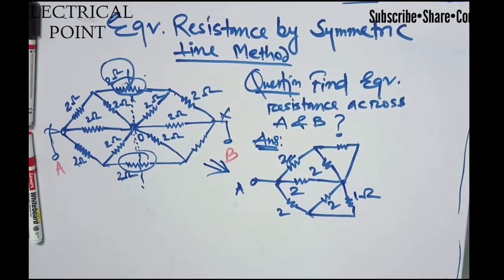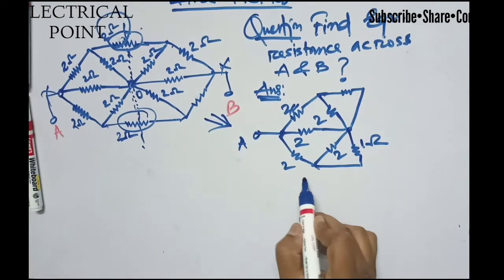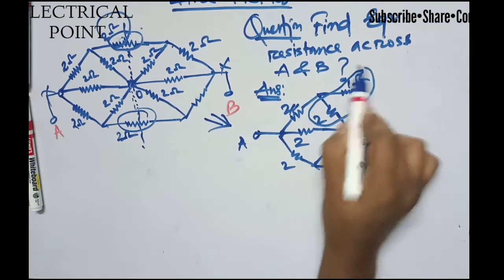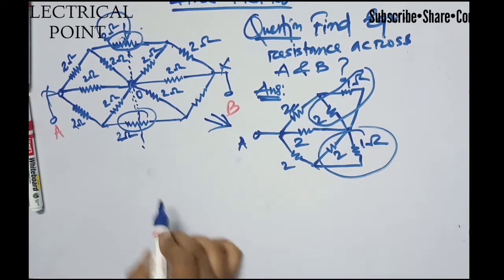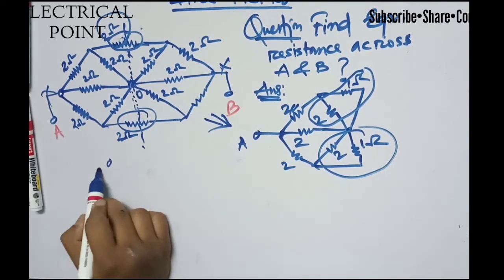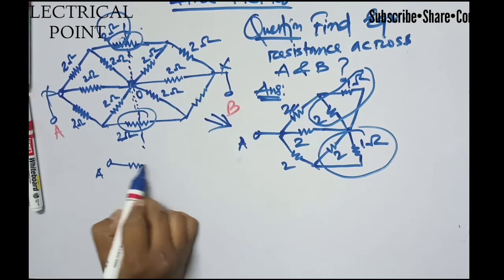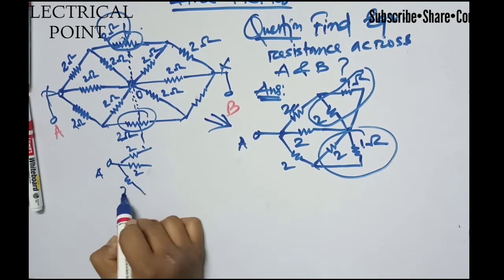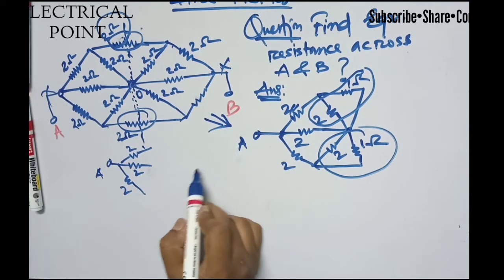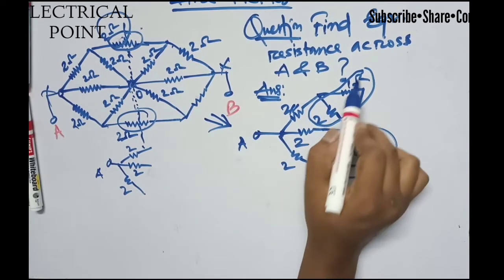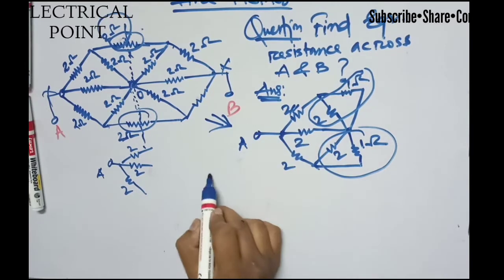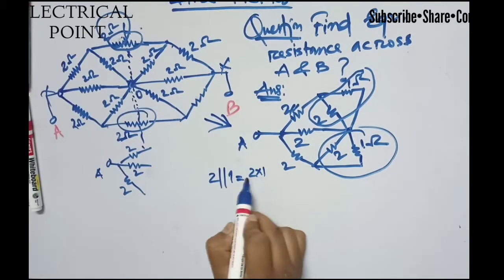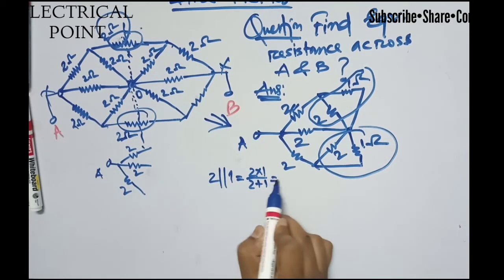Now you can see these two resistances are in parallel. If I calculate the equivalent resistance of 2 and 1, these are in parallel connection, so the equivalent will be 2 into 1 by 2 plus 1, and it will be 2 by 3.